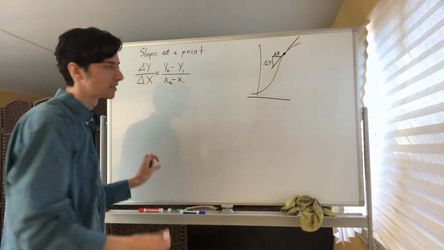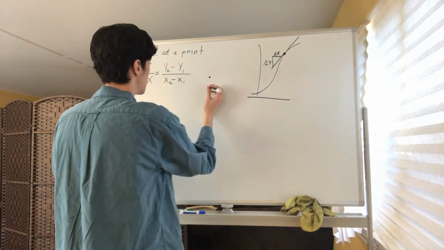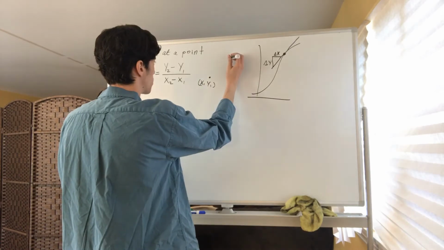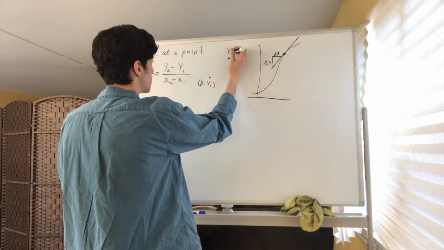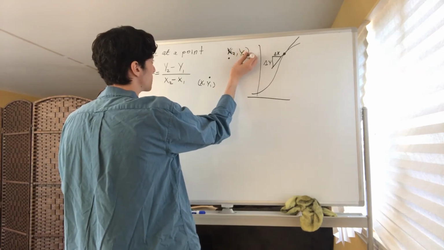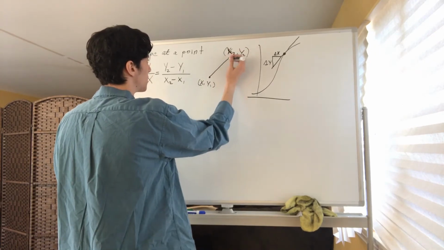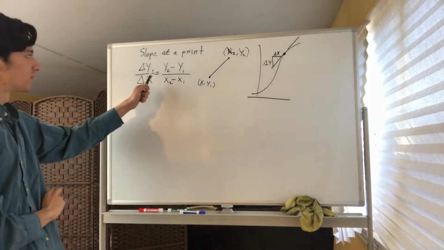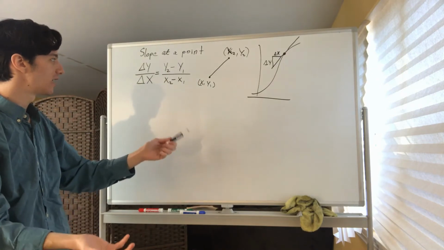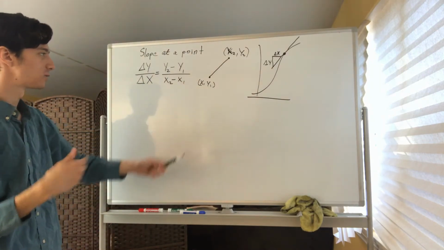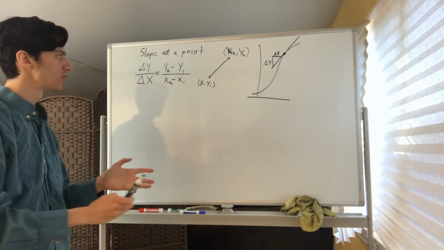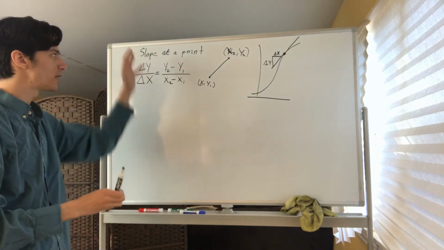So for context, we might have a point x1, y1. This is a coordinate. And then we have another coordinate, which is x2, y2. So we take the distance between our y2 and our y1, that's the change in y, and the distance between x2 and x1. Of course, there are way too many variables here.